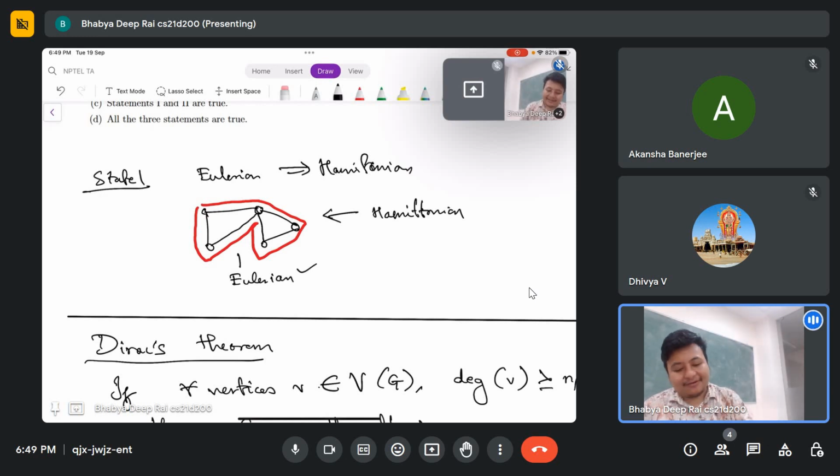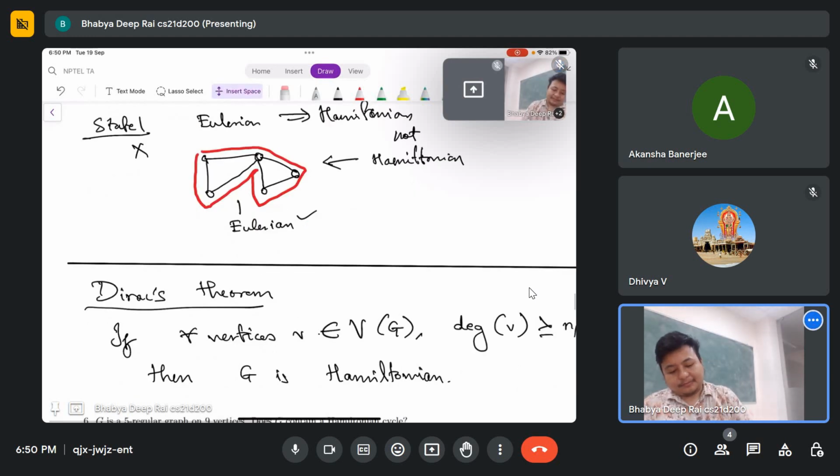I definitely cannot, because this is a cycle, this is a cycle, but there is no bigger cycle. So at the max, any cycle can visit only 3 vertices, right? Because this red one is not a cycle, because they intersect at a point. A cycle is not supposed to intersect and then diverge. So this is not Hamiltonian. So statement 1 is false.